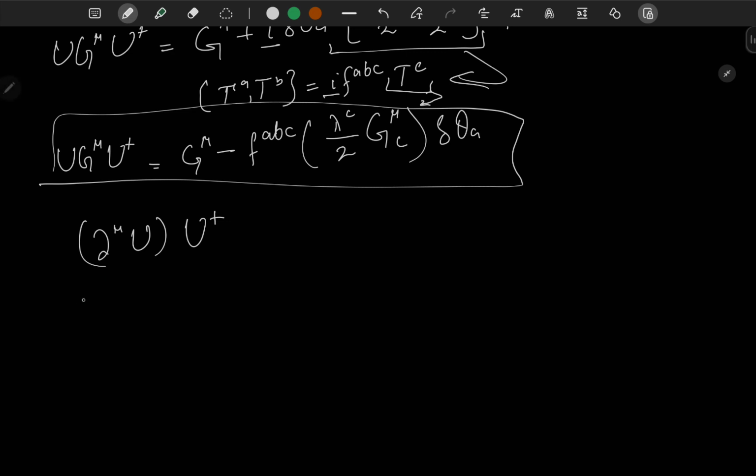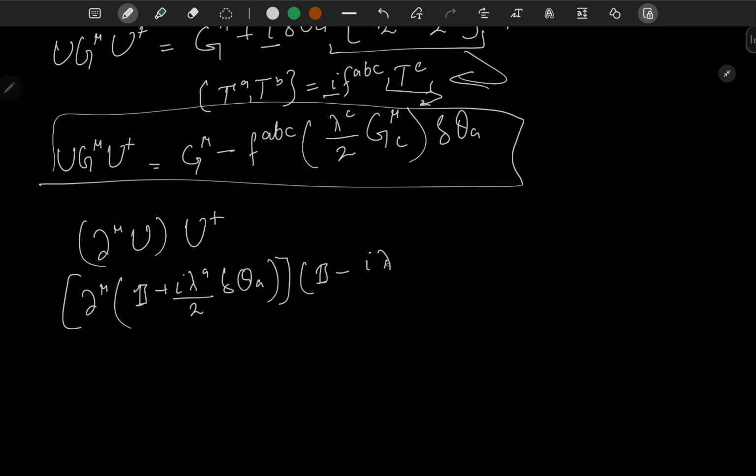Okay, so we can write this as u can be written as an infinitesimal transformation in the color space like this, delta of theta a into u dagger, which can be written as identity minus iota lambdas of b into delta theta b.